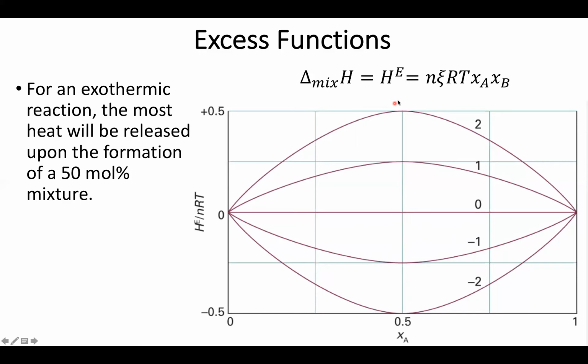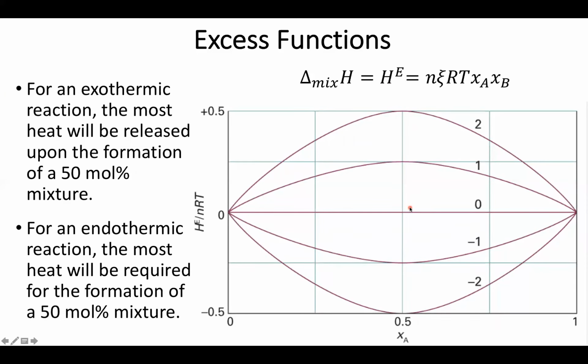Well, in these cases, I'm going to expect the system to essentially require the most energy to drive that mixing, again around that 50 mole percent mixture, because that's when I'm going to have to force them into proximity the most often. This is going to have some very important consequences for the favorability of a mixture.